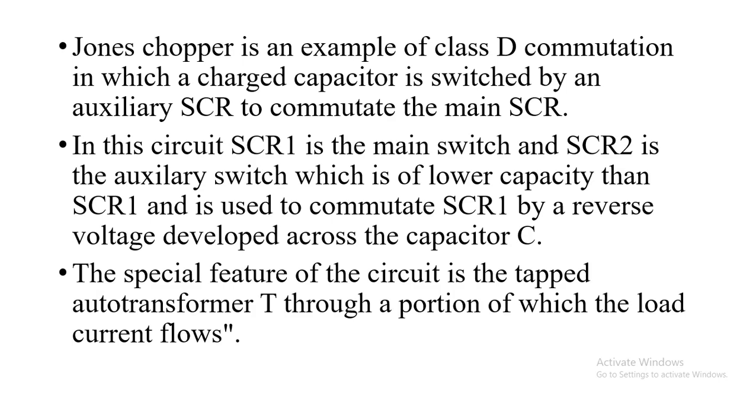SCR1 is the main switch, and it is commutated by a reverse voltage developed across the capacitor C. The special feature of this circuit is the tapped autotransformer T, through a portion of which the load current flows.